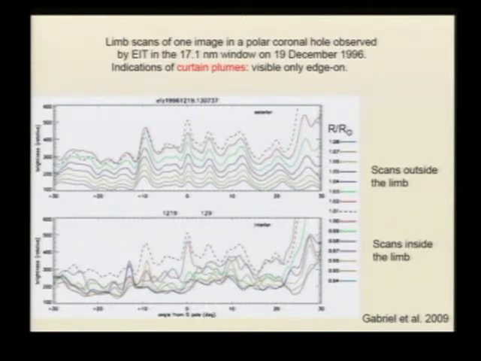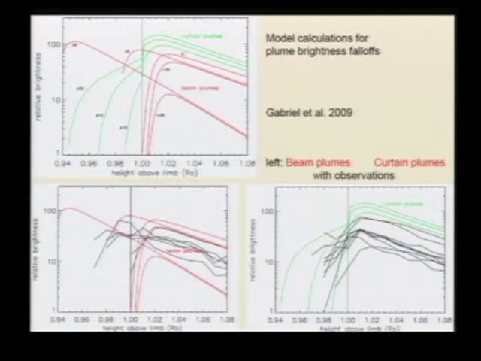And then there was another measurement from SUMA. Oh, yeah, he did some model calculations of beam plumes. They should just extend from the corona into the coronal hole on the disk to a certain foot point here. There's another calculation here, and observations are shown here. Those plumes actually exist, as we have seen.